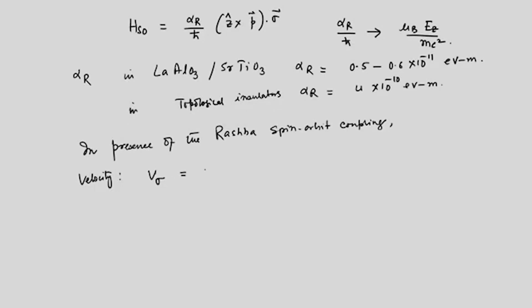So this is proportional to say a del_k of this Rashba term. Let's write it with the SO, and this is nothing but some alpha_R z cap cross sigma. And now you see why I wrote it with v_sigma, because there's a sigma there, and so on. And this will give you different velocities to different spin components, that is upspin and downspin components.